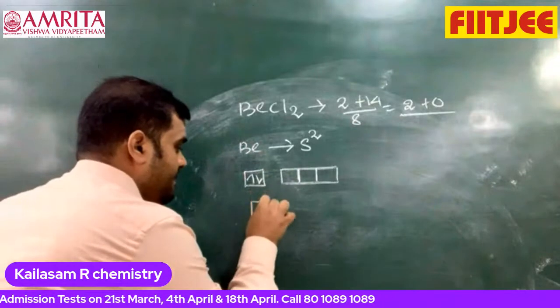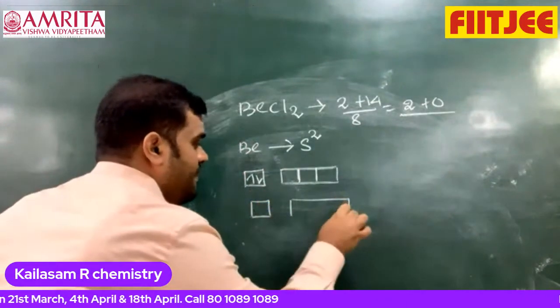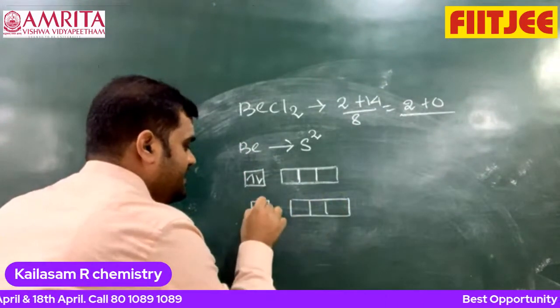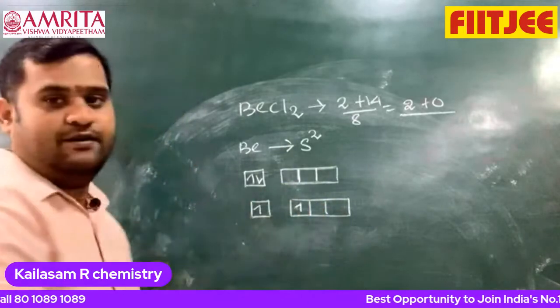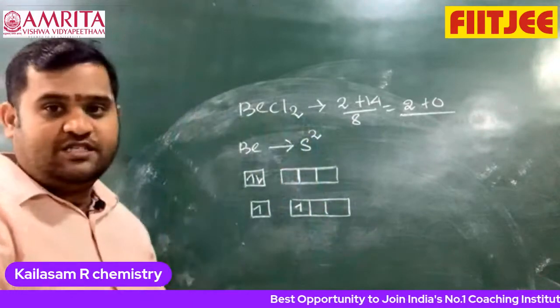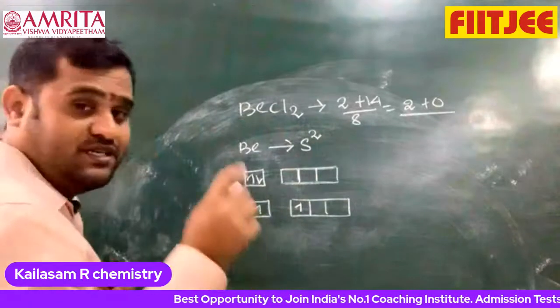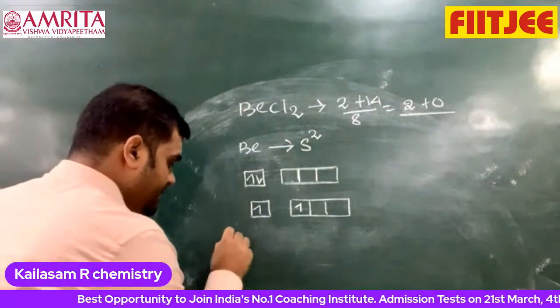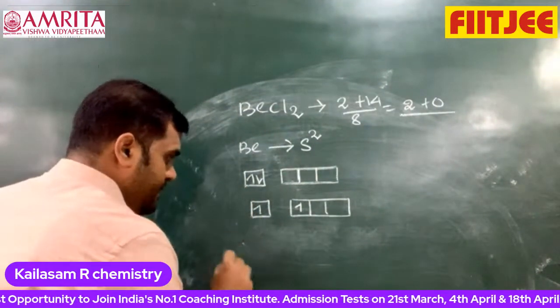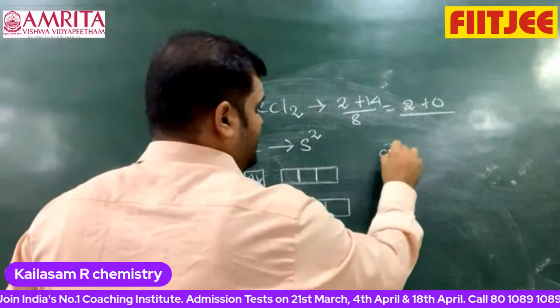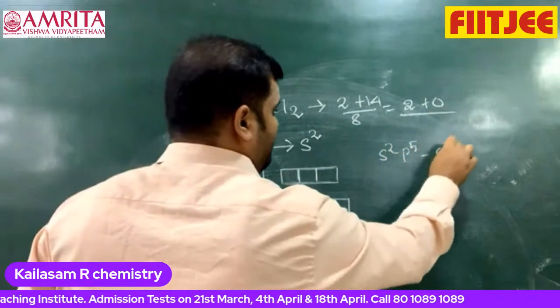Listen. Now if I excite that, that's all. I got it. Now how many chlorines do I have? 2 chlorines. What is the electronic configuration of chlorine? I can write that 3s2 3p5 for chlorine.